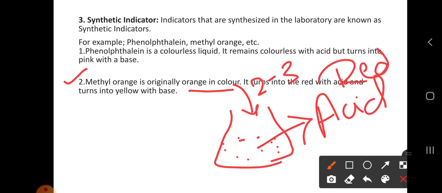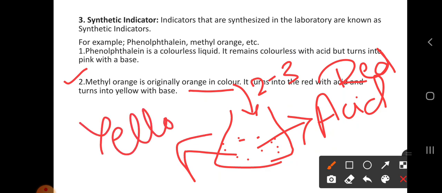Red is acid. If the orange color changes to yellow, then it is called a base. So this is some introduction to methyl orange and phenolphthalein indicators.